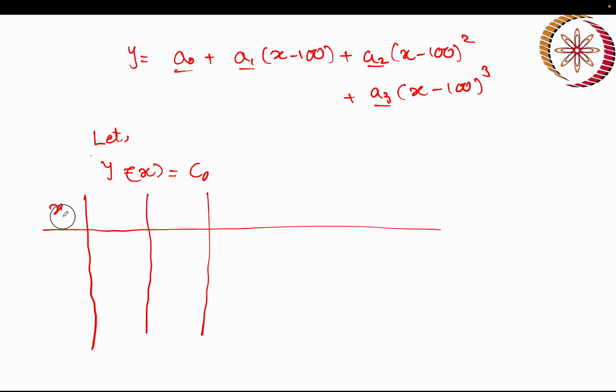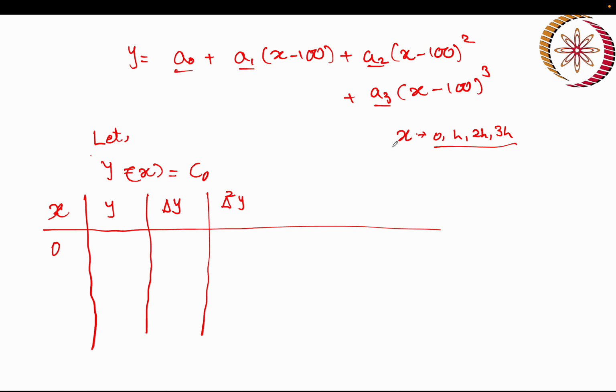These are the x values and these are the y values, and we'll find out the first forward difference for this, and then we can find out the second and further differences. So first let's say x equal to 0, then the x values will be 0, h, 2h, 3h.